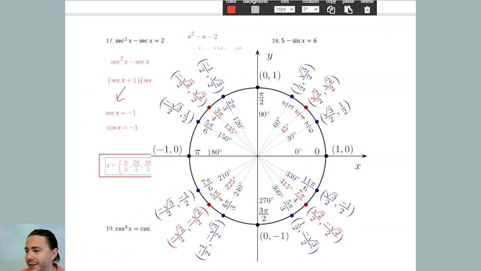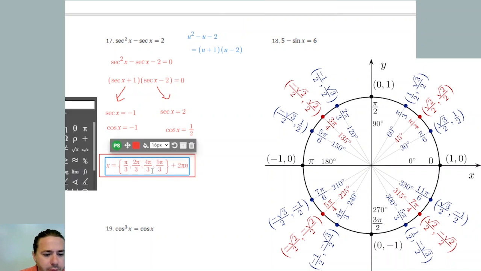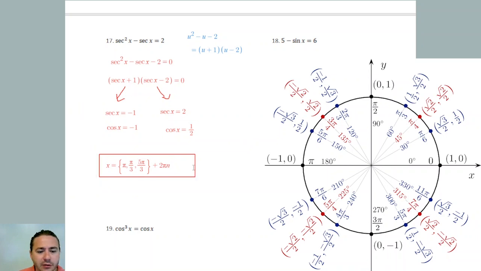You know, guys, I don't have these memorized. I got to look at the unit circle every time like you do. Okay, so cosine is -1 at pi. And then cosine is 1/2 at pi/3 and 5pi/3. And we'll do our plus 2 pi n like we've been doing, and that's it. That's your solution for number 17.